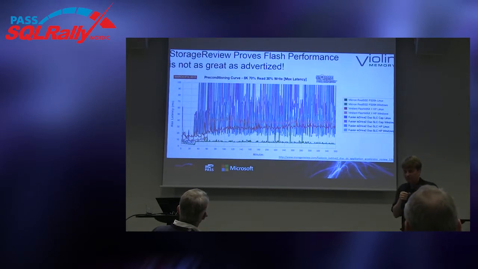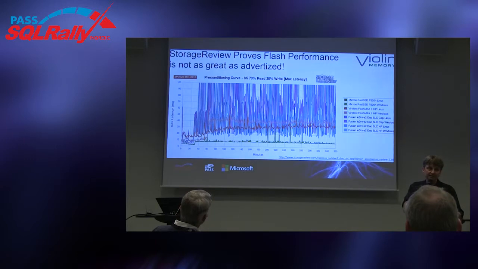So is it just a story I'm telling, or is there some independent test of this? This is the closest independent test we could find. This link down here, Storage Review did some tests on some Fusion cards and some SSD cards where you see latency. It's measured in milliseconds. And in the beginning, they are all quite good. They are around 4 or 5 milliseconds.